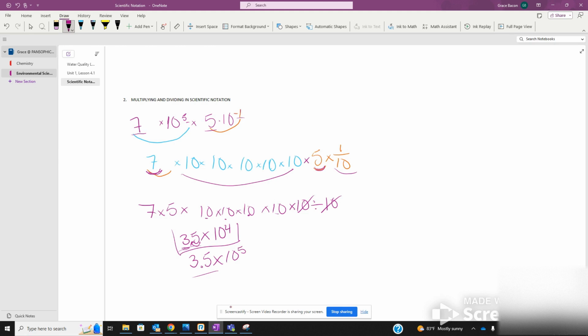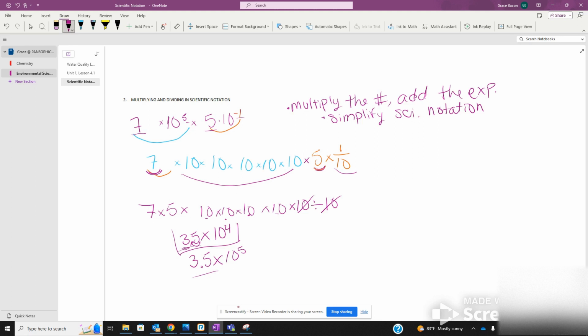So that gives me my rule for multiplying in scientific notation: multiply the numbers and add the exponents. Then when we do that, we have to simplify our scientific notation so that we only have one digit in front of the decimal.